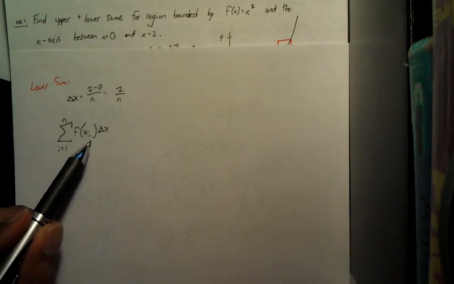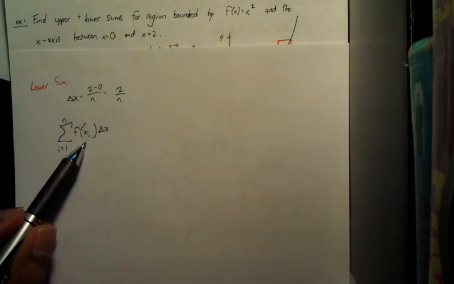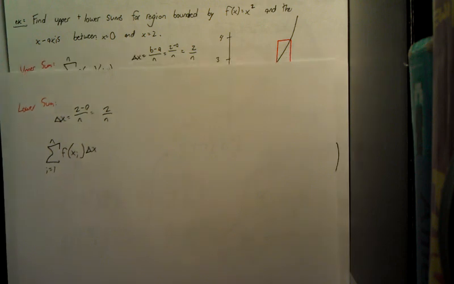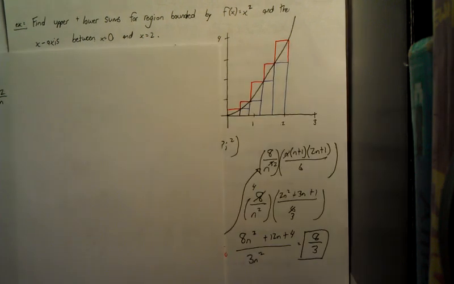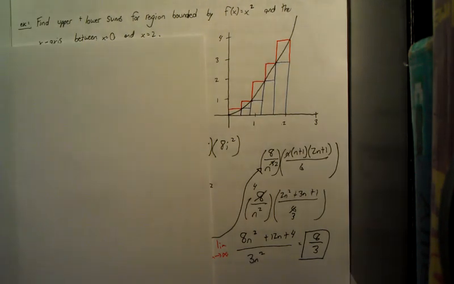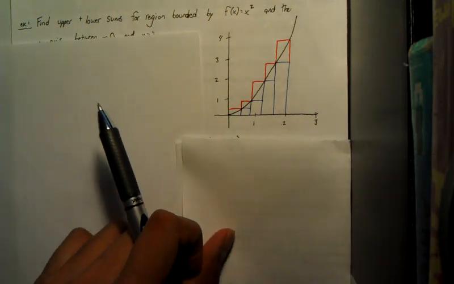Now, in this case, when we're trying to find out what our input variable is going to be, we're going to have to consider what is going on with the graph.